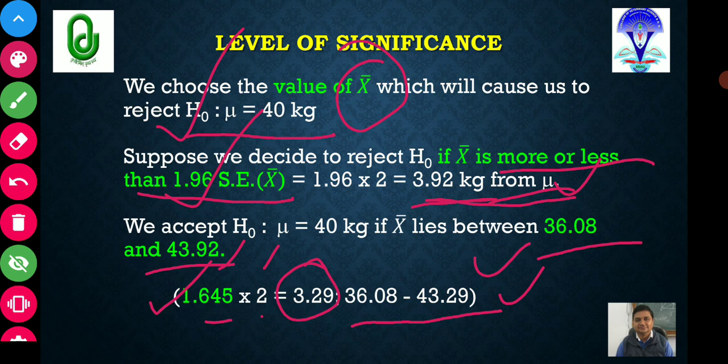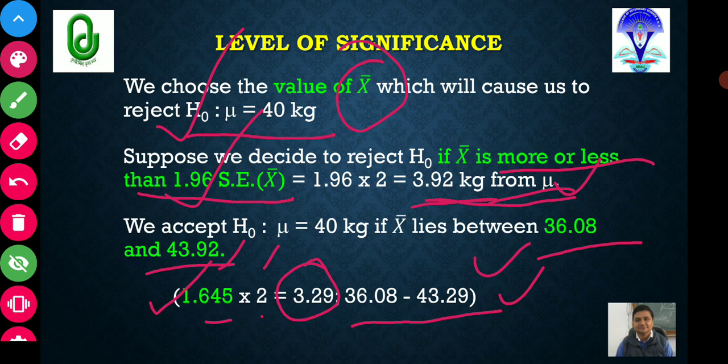So how are these two values, 1.96 and 1.645, coming? I think other things you have understood. Only we have to understand how this 1.96 and 1.645 is coming.